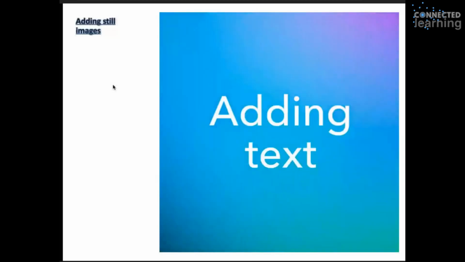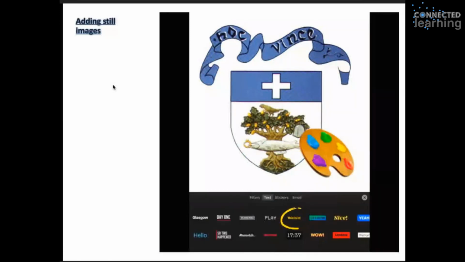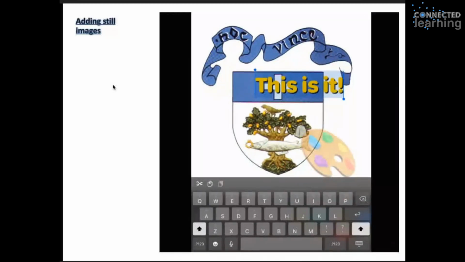Then we're going to add some text over the top. So again, select the text in the special effects. It will bring up a range of fonts and colours and options. You select that, and then just change it to say whatever it is you would like to say. So we're going to put welcome to Holyrood.